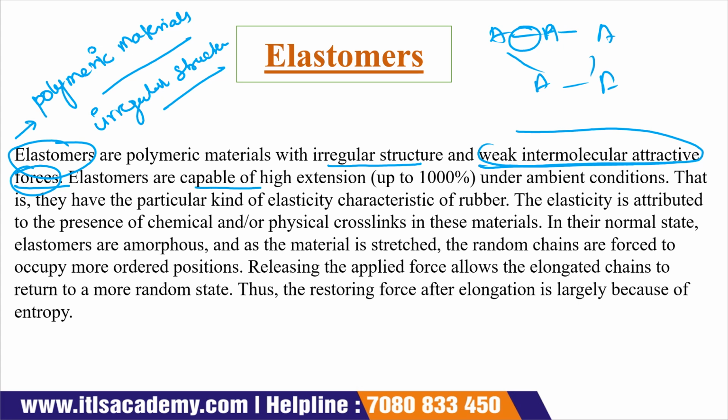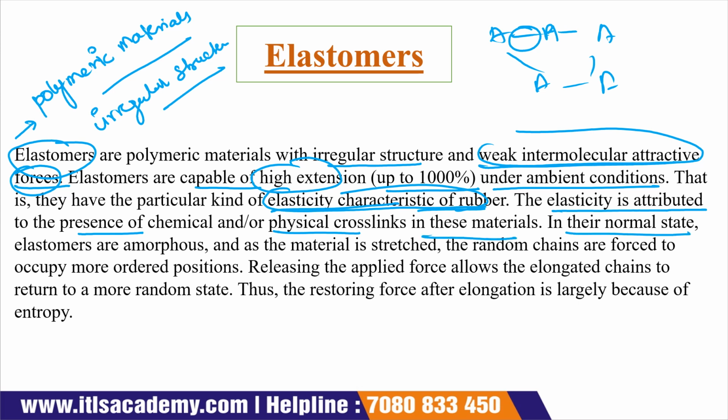Elastomers are capable of high extension, up to 1000 percent, under ambient conditions. That is, they have a particular kind of elasticity characteristic of rubber. The elasticity is attributed to the presence of chemical or physical cross-links in these materials.